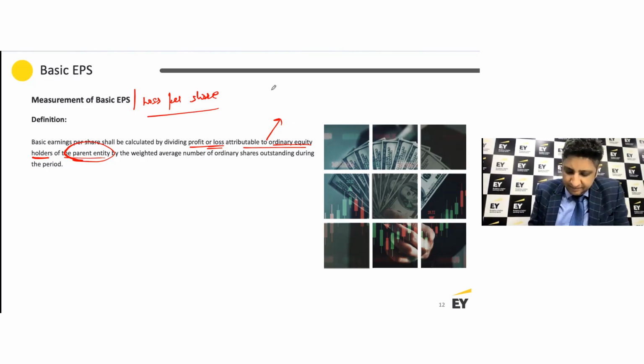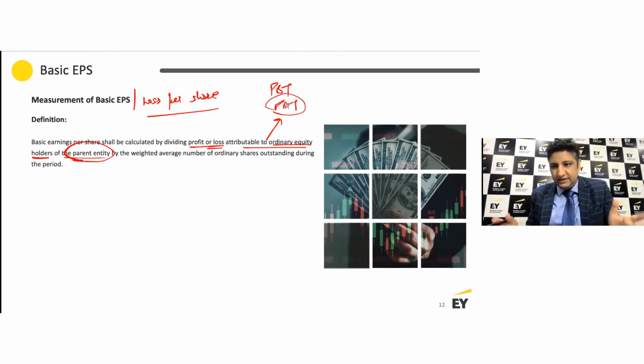Is it profit before tax? Is it profit after tax? Well, in all probabilities, we are of course referring to profit after tax, because even tax is an expense in itself. But then, is there something that we adjust out of this profit after tax?